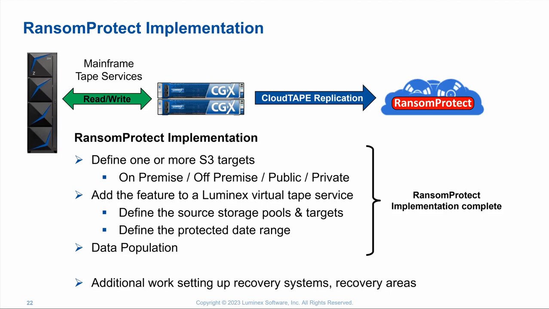So if you're looking for 2 weeks worth of ZOS disk snapshots, you might want to say 21 days worth of tape within that data population. And then there is the time taken to actually populate the ransom protect repository.